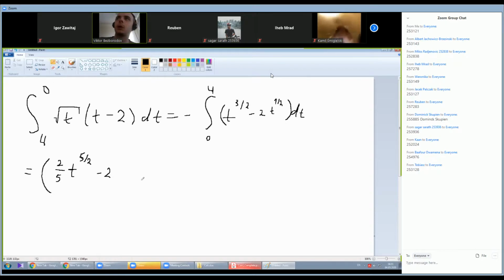Here we have power 1/2, so it's going to be t to the 3/2. And here we divide by 3/2, so we multiply by 2/3, and then 2 remains, of course. And that's it, right? And then from 0 to 4.